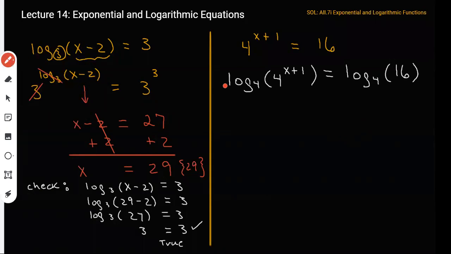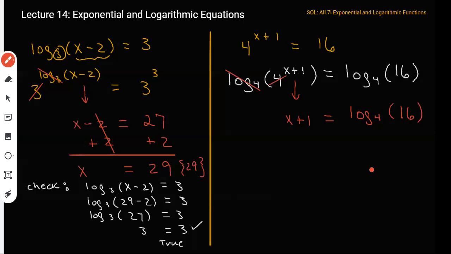So how does that happen? The log base 4 is going to cancel out with the exponential base 4. And I'm left with x plus 1 is equal to log base 4 of 16, whatever that is. Okay.